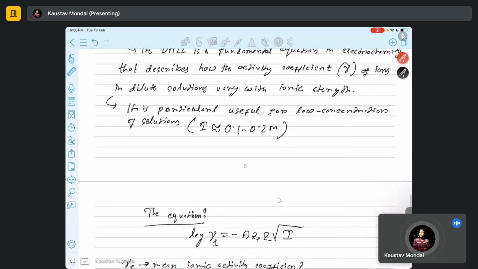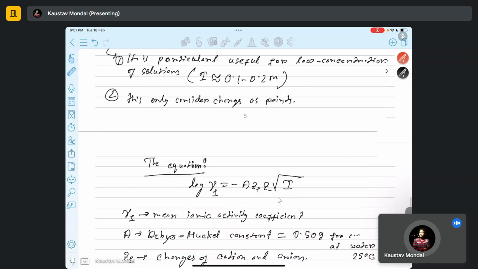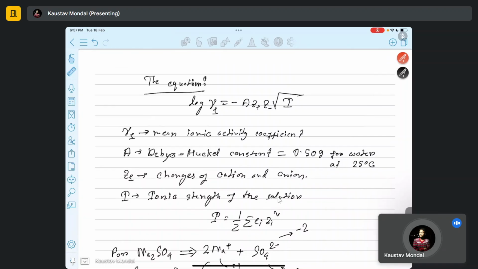There is also another assumption: it doesn't consider the sizes of the charges. It only considers charges as points. So if you want to consider a finite size of the charges, then this equational form simply doesn't work.